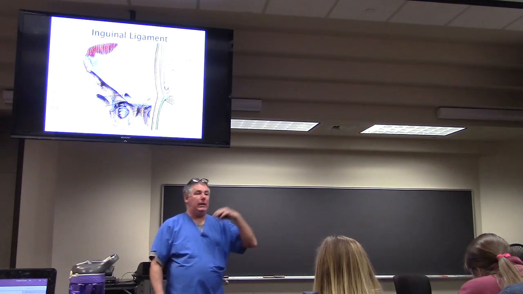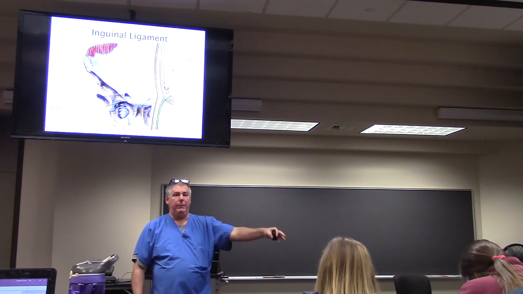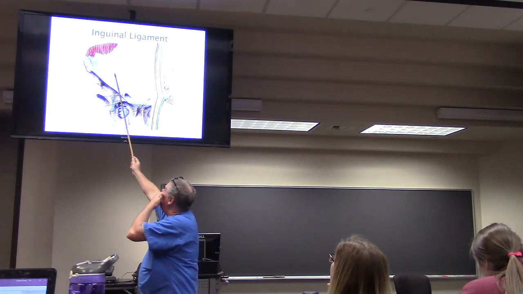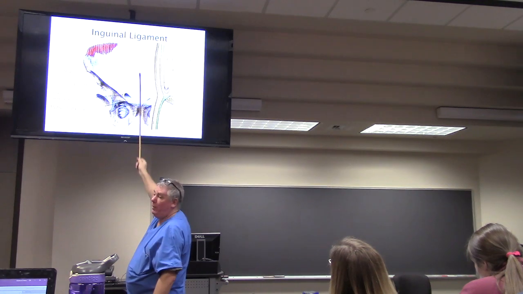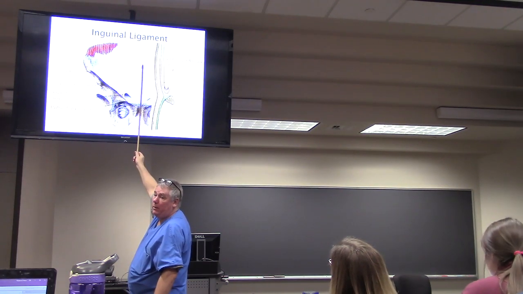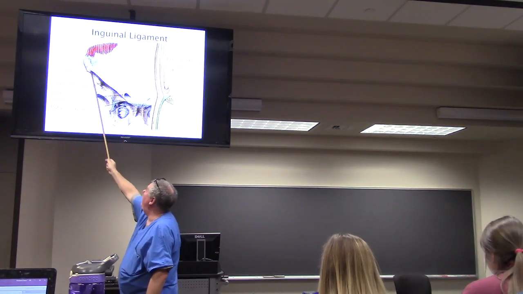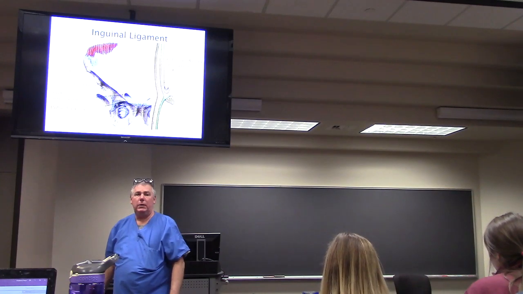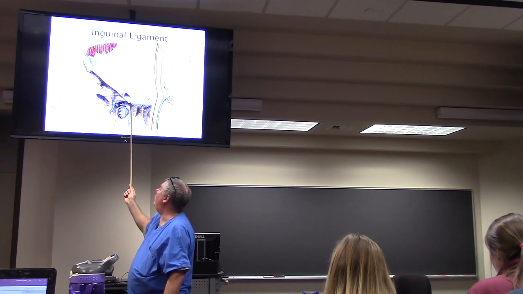Now we're on the outside, looking at the abdominal wall. Here's the external abdominal oblique right here. And there's the aponeurosis forming the anterior rectus sheath right there. The inferior margin of the external abdominal aponeurosis attaches at the ASIS and at the pubic tubercle.